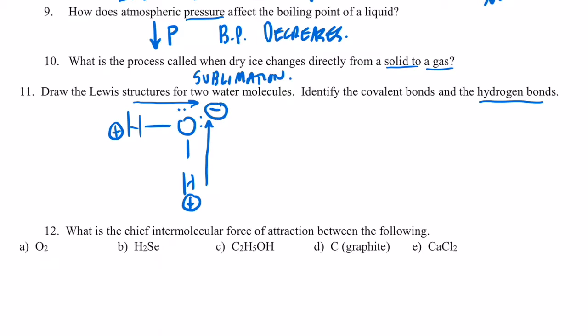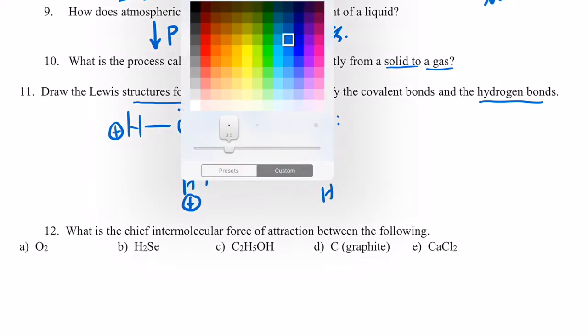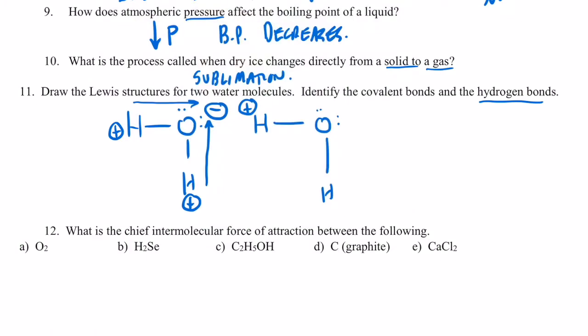And the oxygen end has a very negative charge. So if I had another water molecule, wouldn't the neighboring molecule orient itself something like this? So the positive end of one molecule is attracted to the negative end of the other. And so the hydrogen bond would be the bond between the water molecules. So this would be what we would call the H bond.